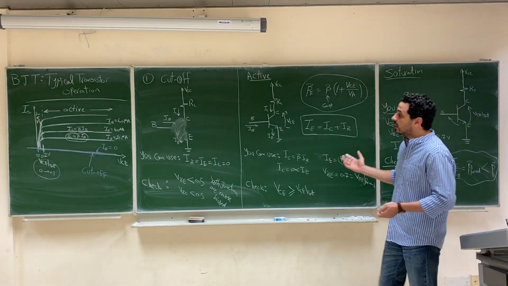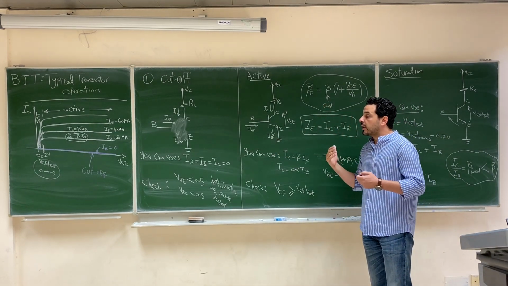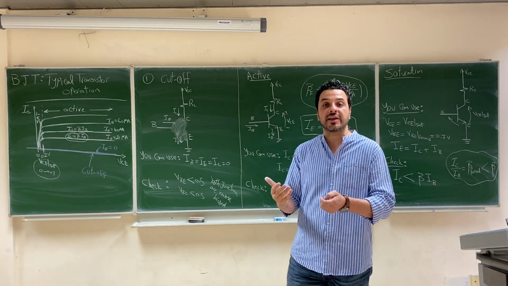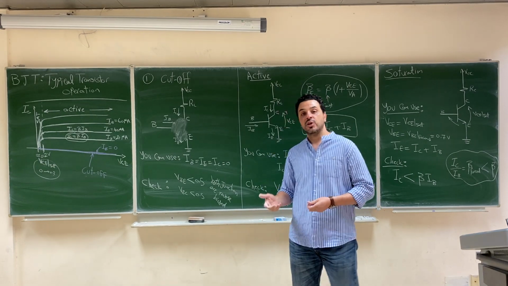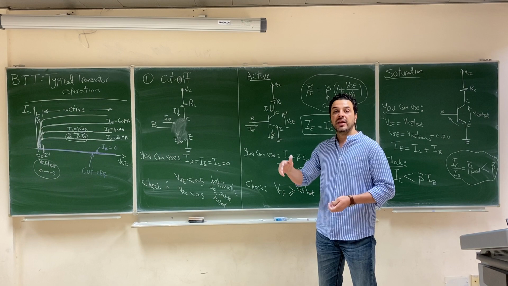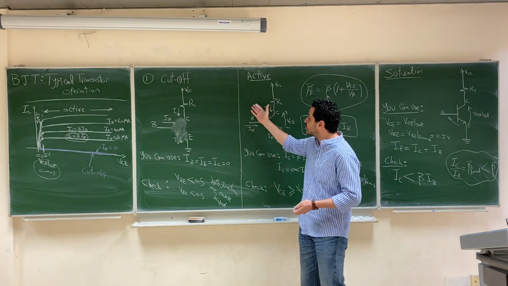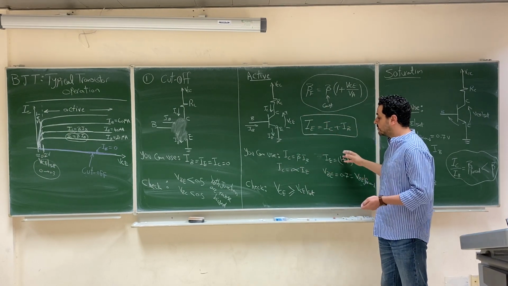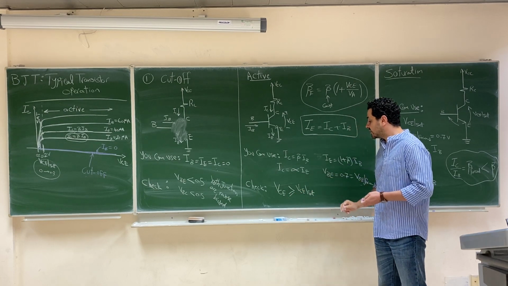That's it for the three modes of operation. So we'll see later that you are going to use the assume, solve, check strategy that we used in solving the diode problems. You are going to use the same strategy by assuming the mode of operation of the transistor, solving the problem, and then you check. So if you assume active, for example, you can use these equations to solve your problem. After you finish, you have to check that VCE is greater than VCE saturation.